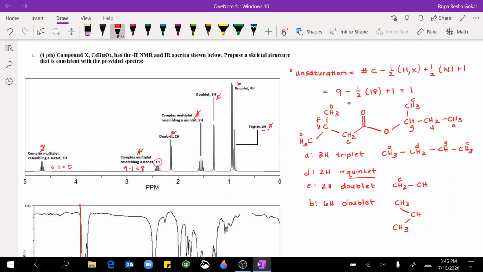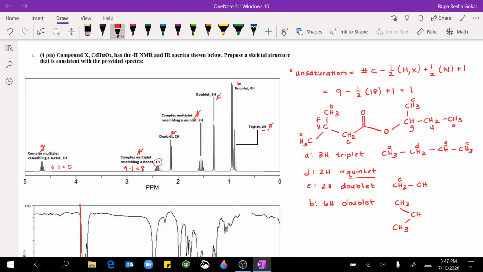And one thing I like to do, if I hadn't been so careful throughout this whole thing of putting this together step by step and labeling as I built it, I would ask, should it be next to the oxygen? Should it be next to the carbonyl? If I hadn't been so careful, what I might do is throw this thing together and then go in and try to justify each signal, because we've already done that. We've already started with a structure and went back to predicting what the signals would be and what the splitting pattern would be.